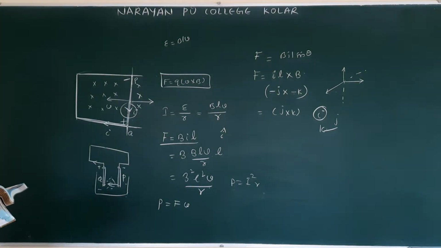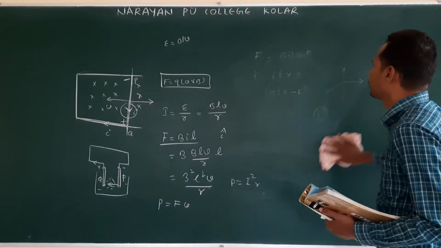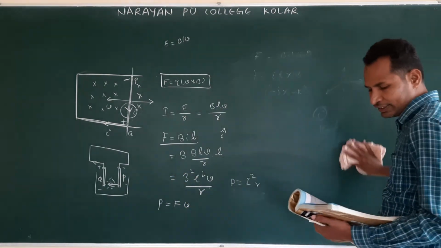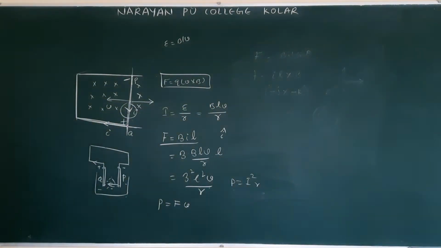Now we will see another equation that relates EMF, charge, flux and resistance. So the mechanical energy which was needed to move PQ is converted into electrical energy and then into thermal energy.